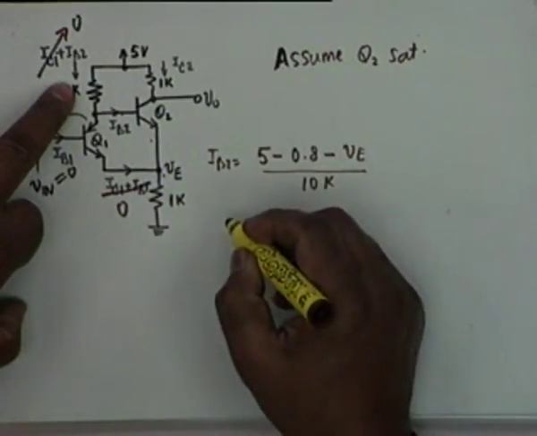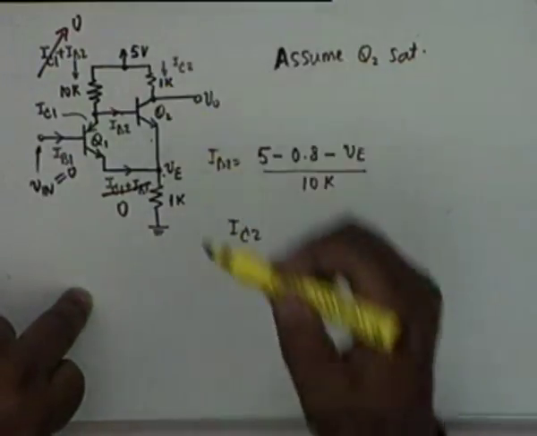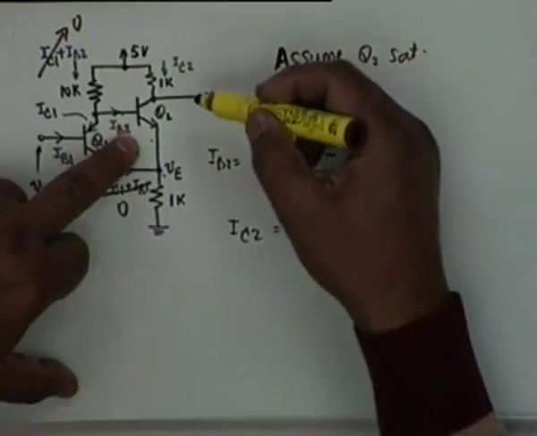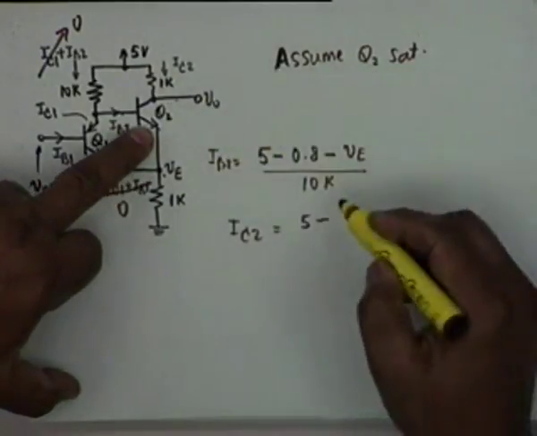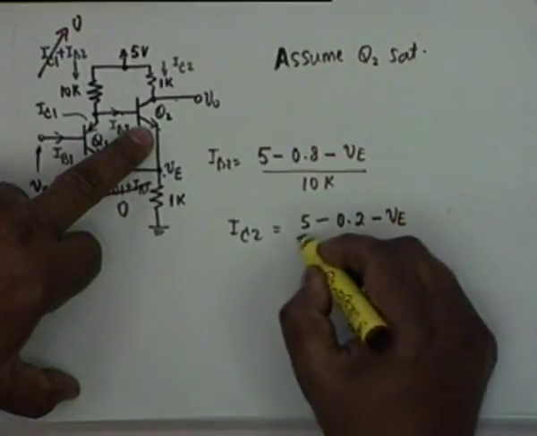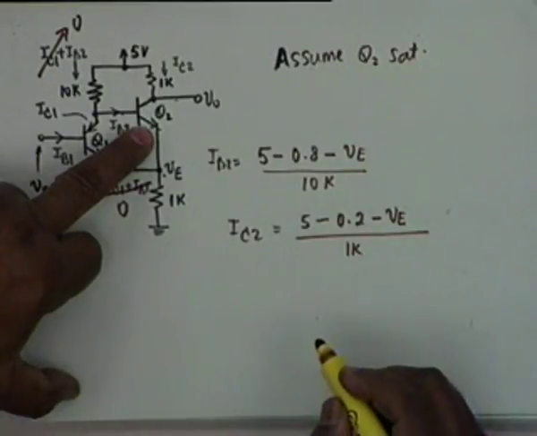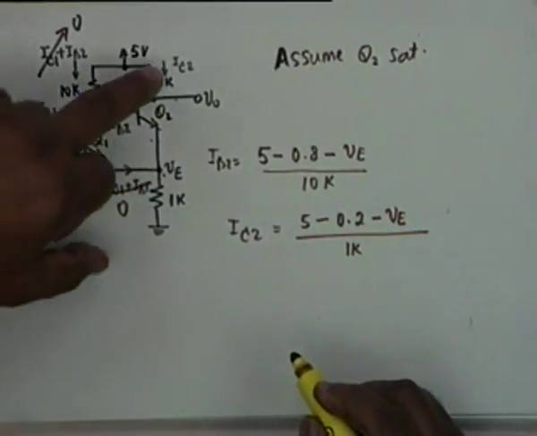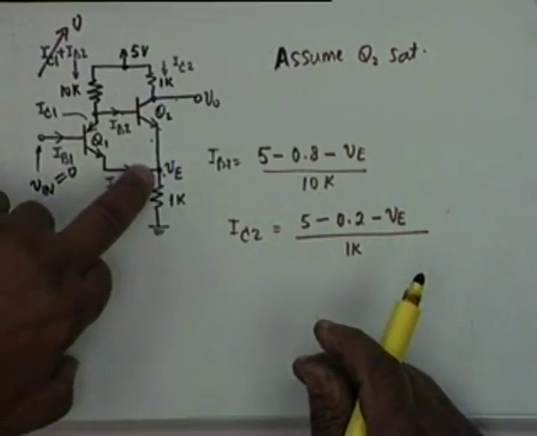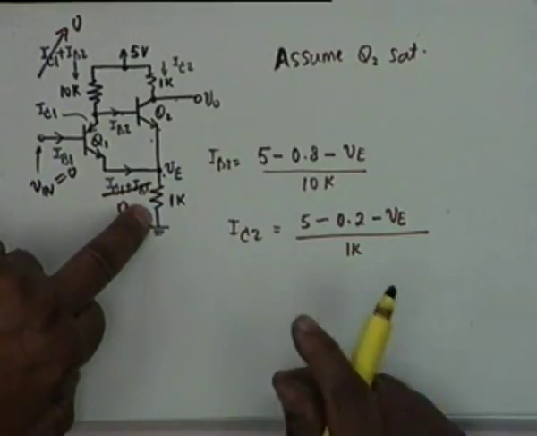All right. Then next I want to find out IC2, this current. IC2 would be 5 minus this voltage, which is 0.2, minus VE, divided by 1K. And you notice that the sum of these two currents, IB2 and IC2, will now flow through 1K, and that will cause the drop VE.